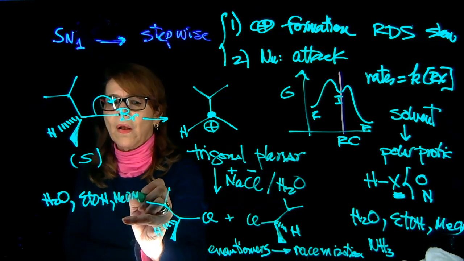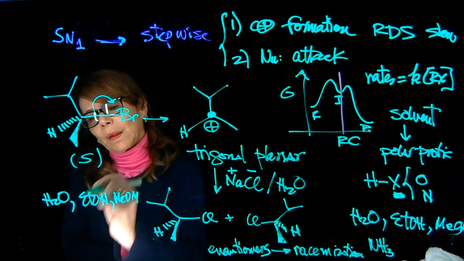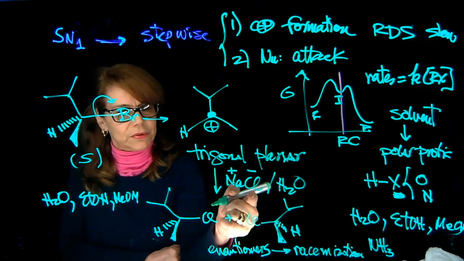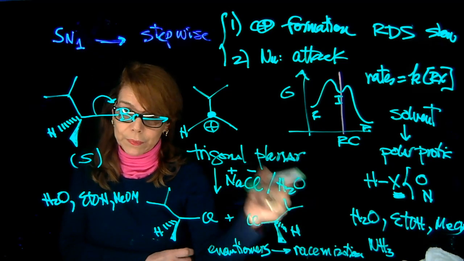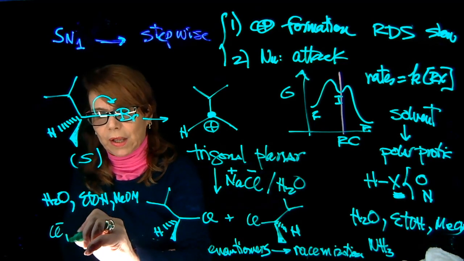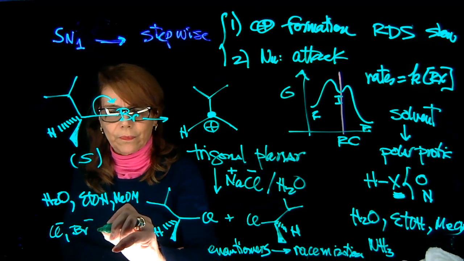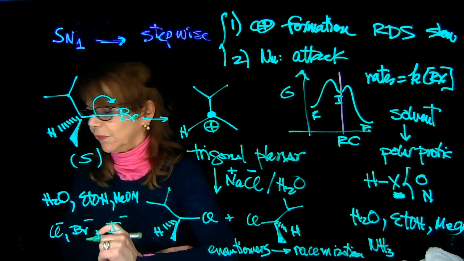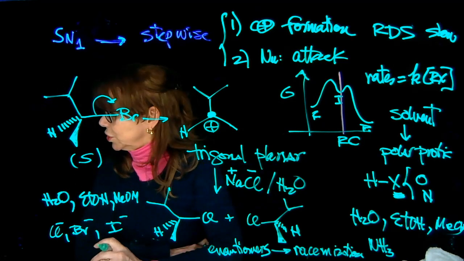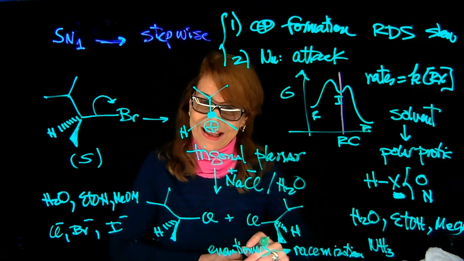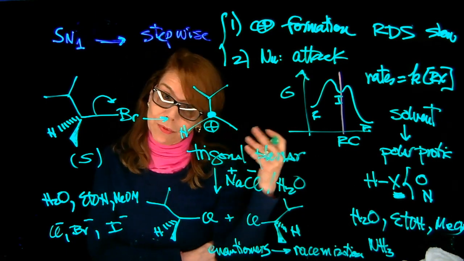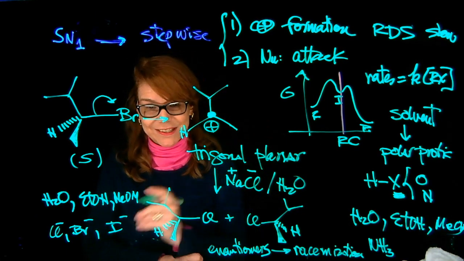All of those are weak nucleophiles. But you can also have a stronger nucleophile, such as chloride, but in polar protic solvents. So you could have chloride, bromide, iodide. Depending on the substrate, all of those conditions will work for SN1 reactions. Now we're going to be summarizing the competing reactions in another video.